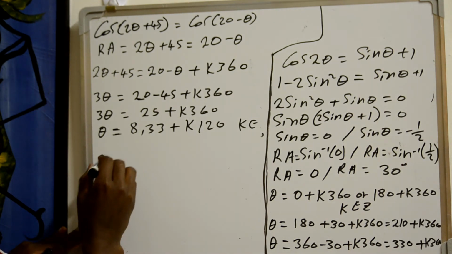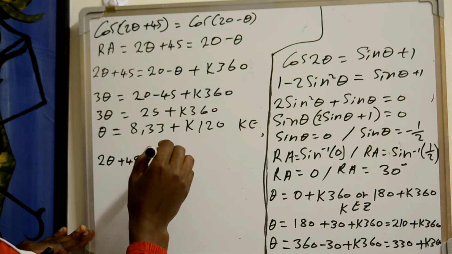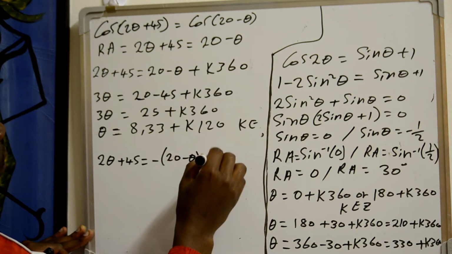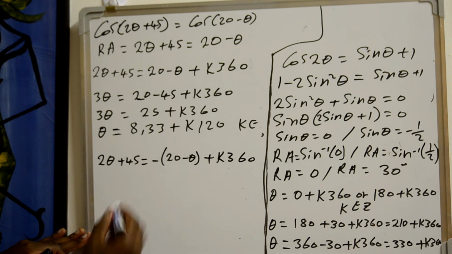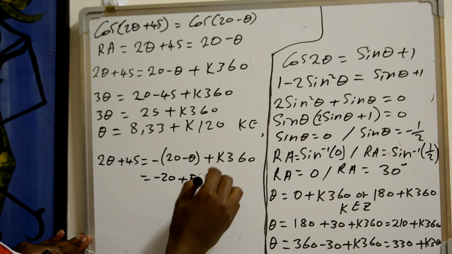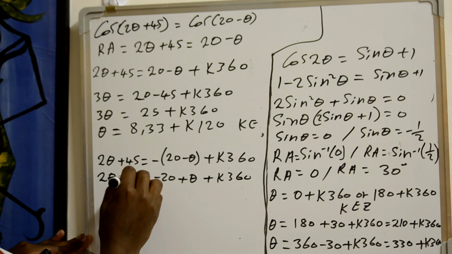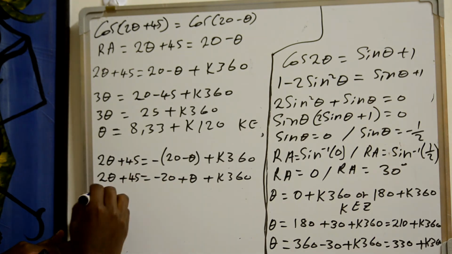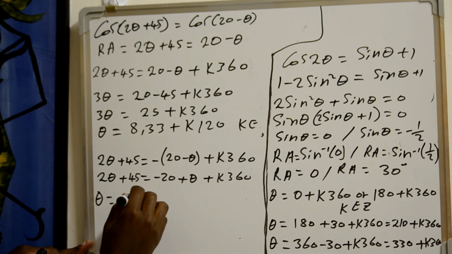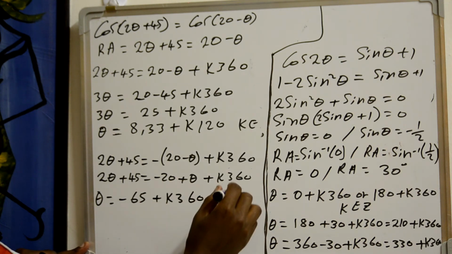So 2 theta plus 45 equals minus the ratio, which is 20 minus theta plus K360. Then you add theta. So that is how you solve these problems. Then you solve for theta, being theta only, equal to negative 65 plus K360, for K an element of the integers.